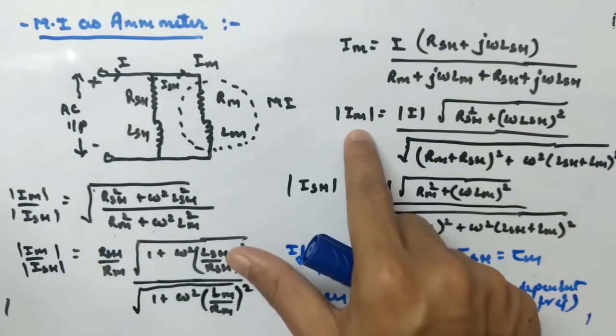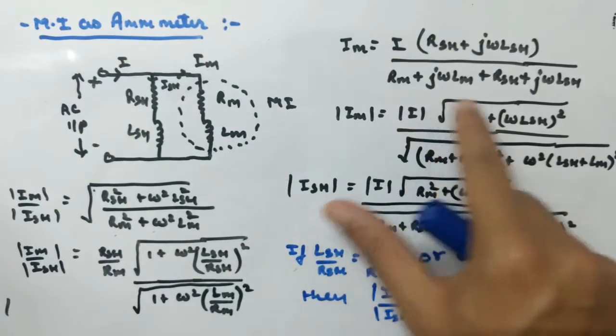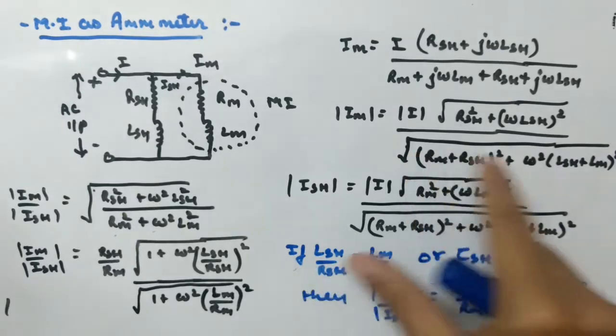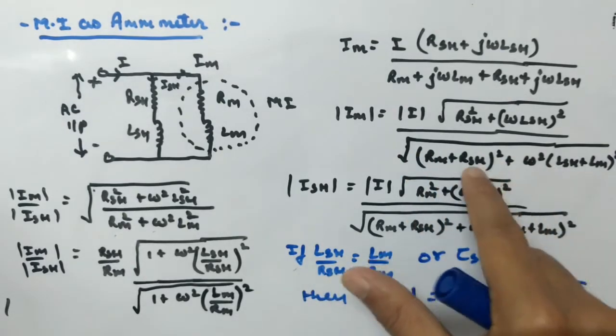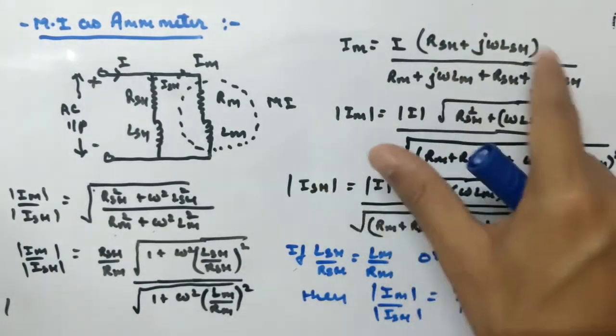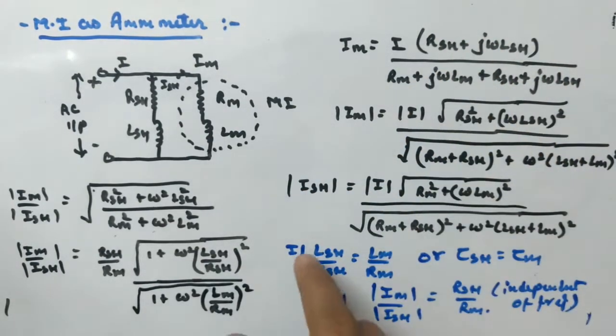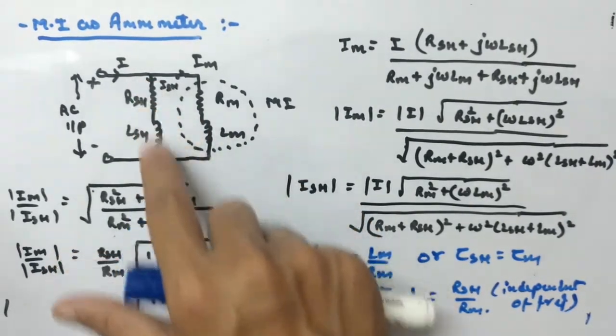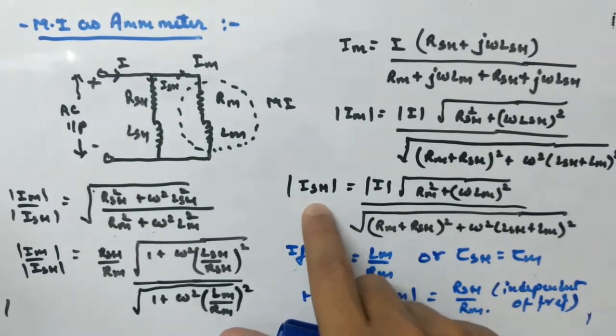So if you take the modulus, this will be mod I under root RSH square plus omega LSH whole square, divided by under root Rm plus RSH whole square plus omega square LSH plus Lm whole square. I have taken the mod of these quantities. Similarly, you can calculate the current across this branch as well. That will be ISH.